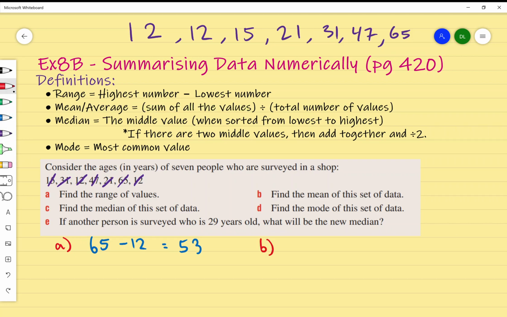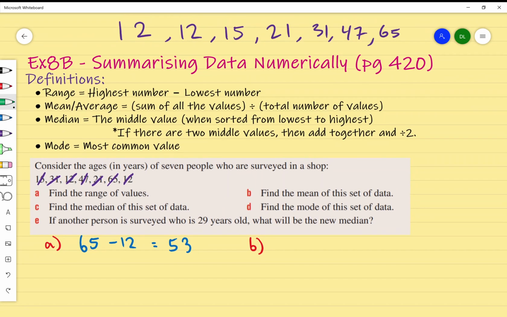I'm going to find the mean of this set of data by adding the values together. So I get 12 plus 12 plus 15 plus 21 plus 31 plus 47 plus 65. It's quite a large number. So you're more than welcome to do this in the calculator if you feel like you need to.